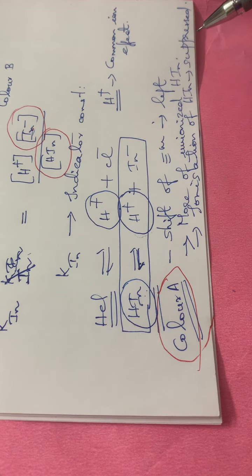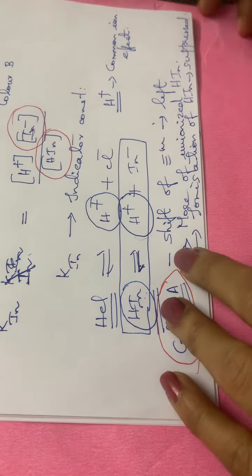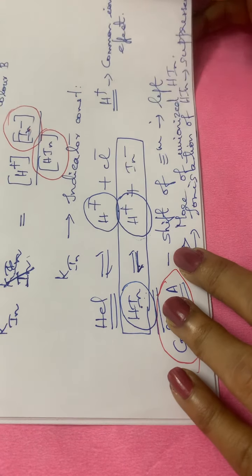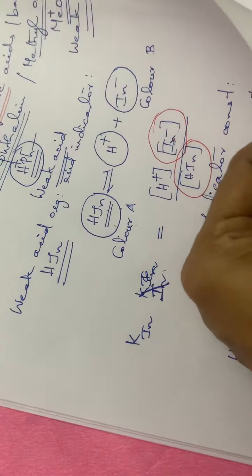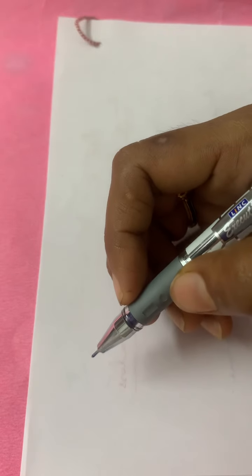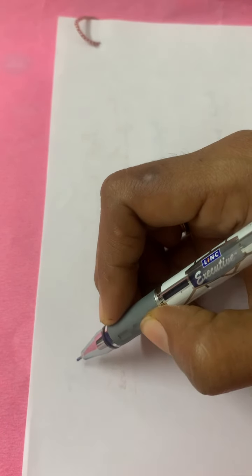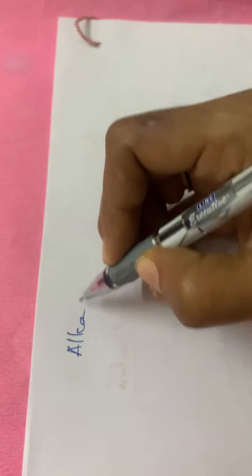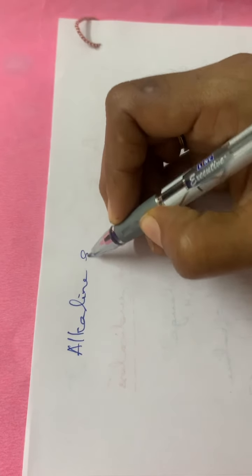Okay. Next we can go through the case of alkaline solution. Hope you are clear with this shift. Then say we are adding the indicator to an alkaline solution.